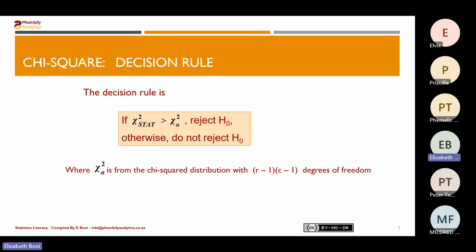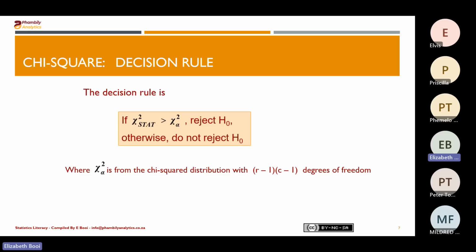Otherwise, we do not. How do we find the critical value? We're going to find the critical value by using the level of significance, which is alpha, and the degrees of freedom.